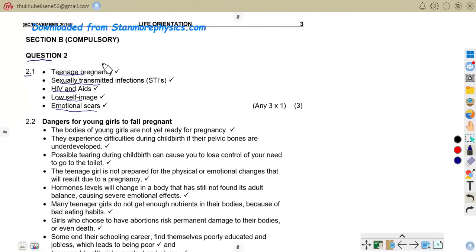When you talk of teenage pregnancy, you're talking about when a girl becomes pregnant before reaching adulthood, often leading to health risks and school dropout.